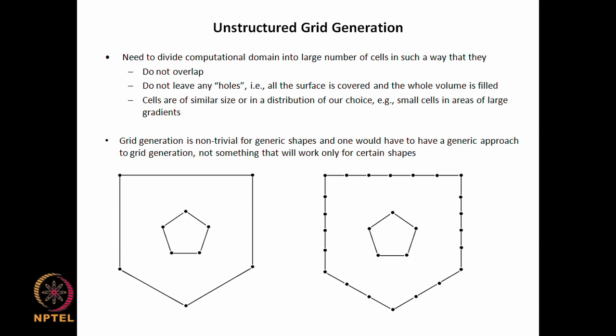Okay. So, what we have done in this lecture is to understand what are the kind of issues that we have to face when you are doing unstructured grid generation.